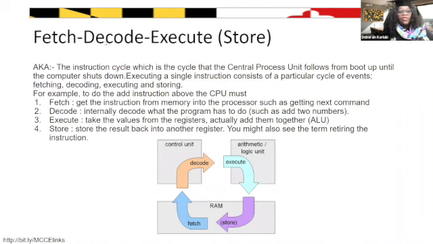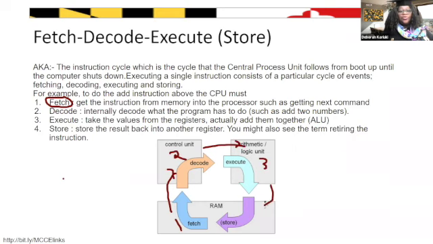You start with the fetch, then you go to the decode, then you execute, then you store back in memory. Usually I would prefer having the fetch where execute is, because that's where you start. But this is good too, because it shows we are on the level of the memory from RAM, where it's going to take the information.